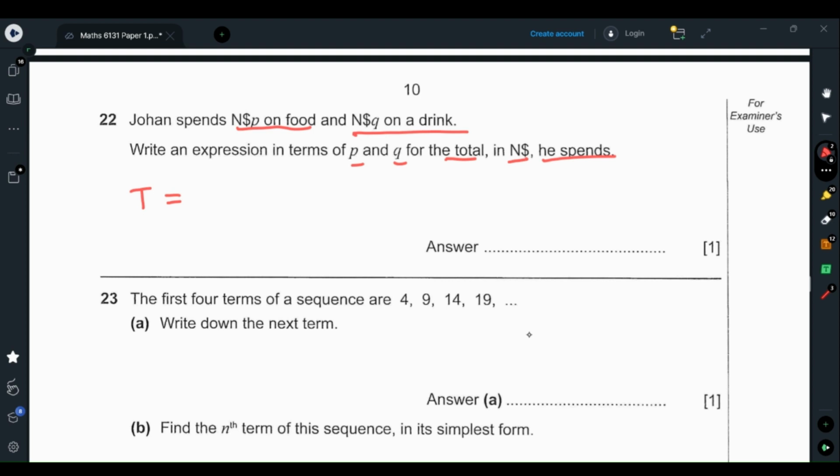So the total is equal to the amount he spent on food, which is P, plus the amount he spent on drinks, which is Q. So the total is P plus Q. That's all.